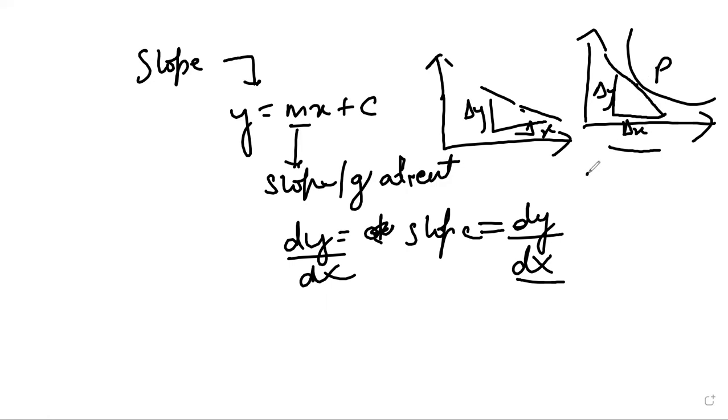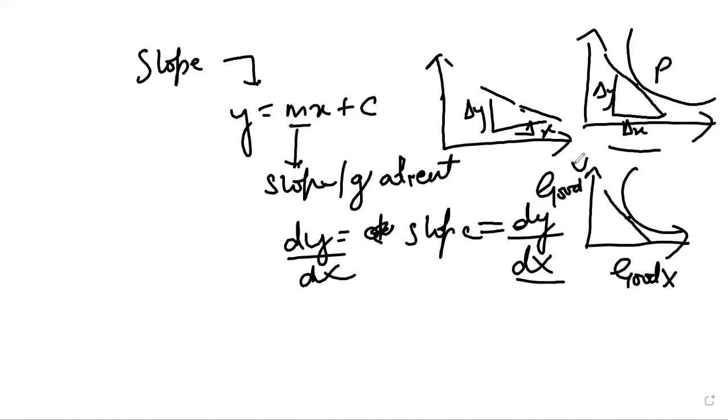Okay, so if you remember, when we were doing indifference curve analysis in microeconomics, what was the slope of the indifference curve? It is known as the marginal rate of substitution. On the x-axis, we used to take the quantity of good x consumed, and on the y-axis, the quantity of good y consumed, and the slope gave us the marginal rate of substitution.